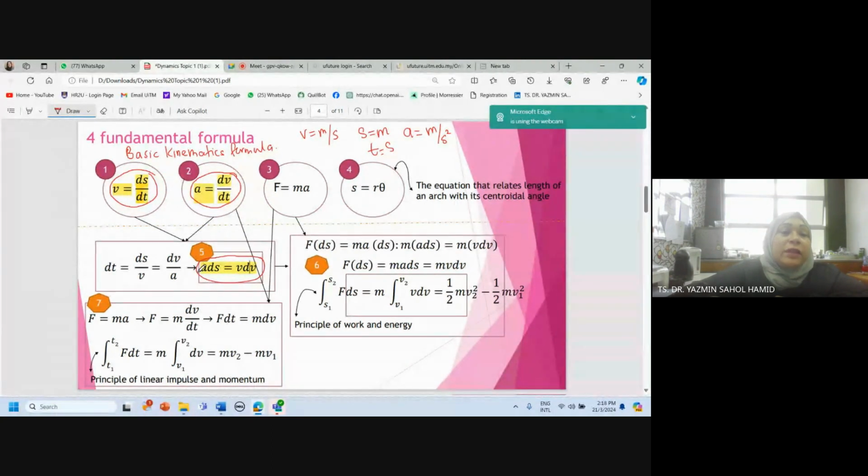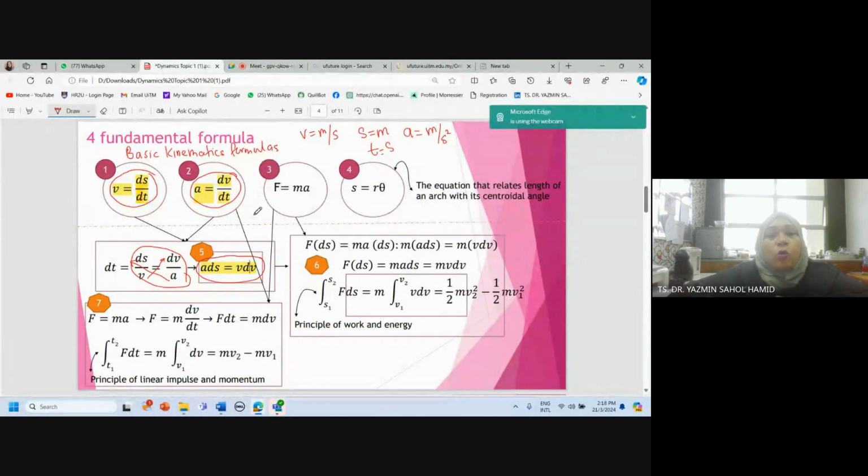How you derive that formula is that you equate the two formulas together, but you replace dt on top and you replace v at the bottom. Same with the acceleration, dt on top, a at the bottom, and then you will come up with this formula. From here, you bring a on the top, you bring v here on the top, and it will be ADS equals VdV. So these are the three basic kinematic formulas.